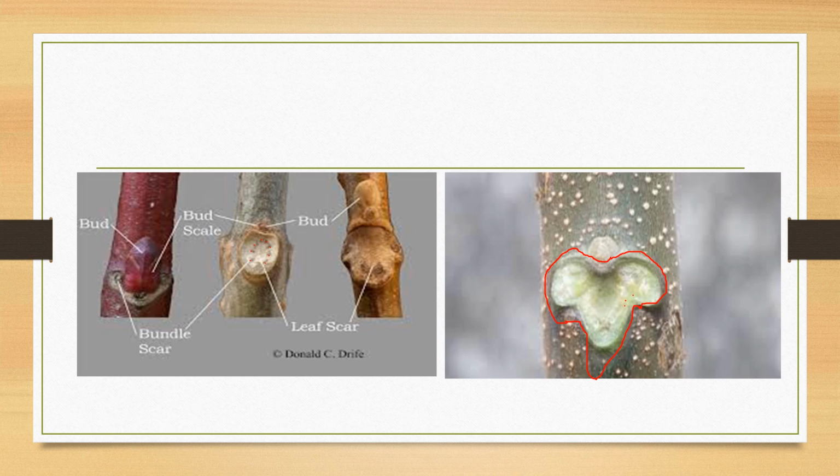This is the mark of this vascular tissue, called bundle scar. It's inside the leaf scar. And here you can see the bud and bud scale, which are leaves modified to protect the bud. And you can see the bud.